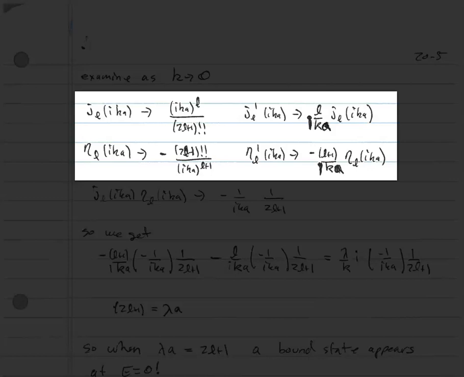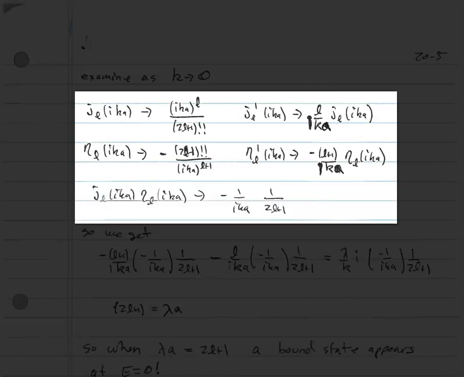So when I take its derivative, I'll get a minus (l+1) over iκa times that η_l(iκa). That means when I look at the product of j_l(iκa) times η_l(iκa), just looking at that first asymptotic form, you find it's going to go like minus 1 over iκa times 1 over 2l plus 1.